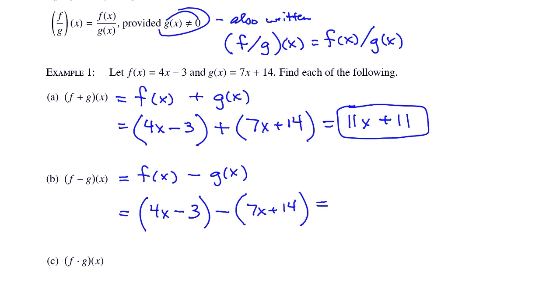And now, can you see the rationale for using the parentheses? The negative has to distribute to all the parts that are in the g. So it's going to be 4x minus 3 minus 7x minus 14, giving us a result of negative 3x minus 17.